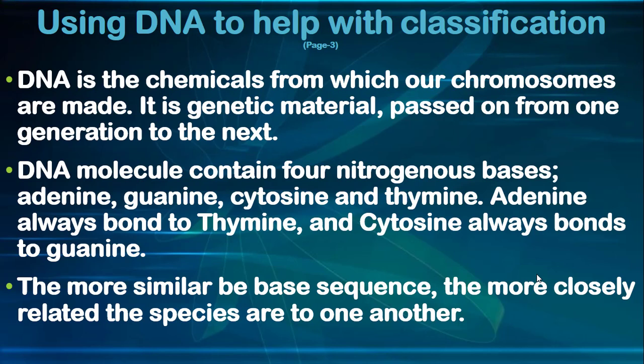Scientists or biologists look at the base sequences, how closely they resemble each other. If they are closely related to one another, it means these organisms must be placed in the same group.